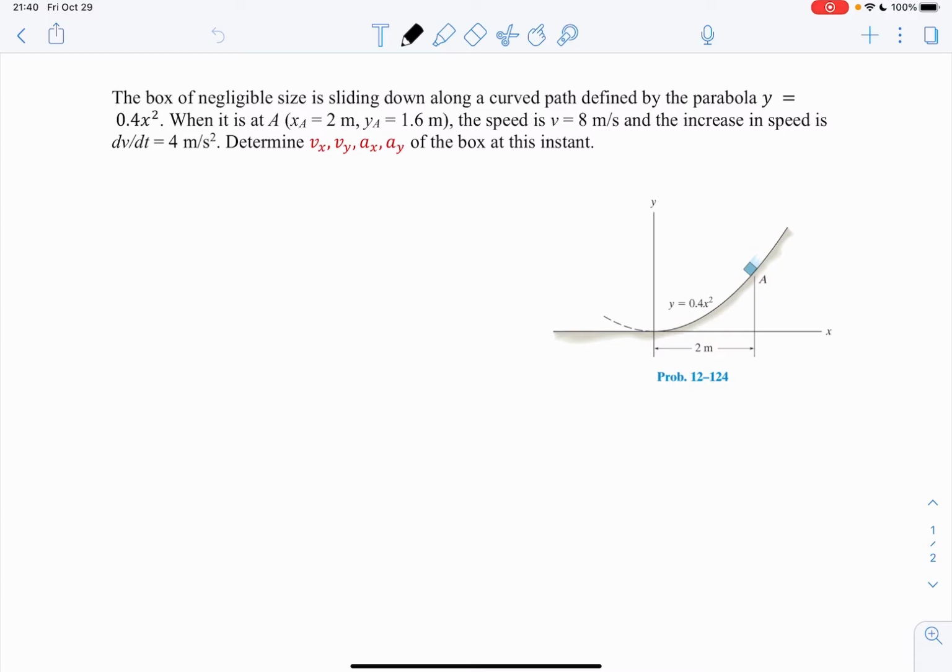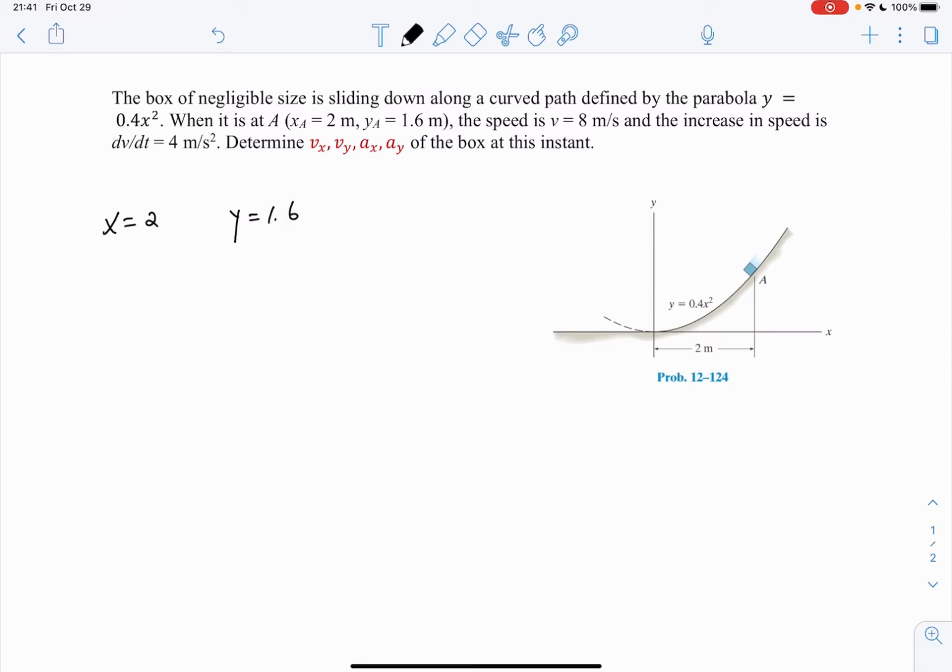Okay, so in this particular problem, we are given the following data, which is x equal to 2 and y equal to 1.6.